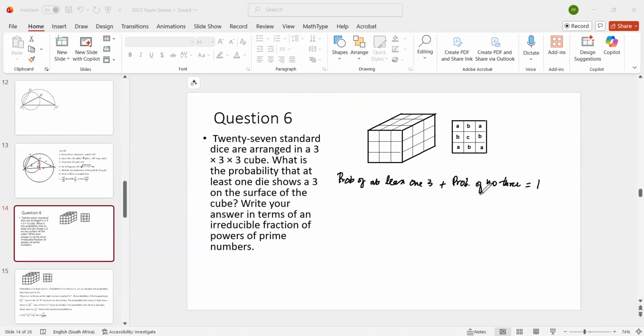Either 3 does not appear at all, or 3 appears at least once. And these are the only 2 possibilities. So the sum of these 2 probabilities will be 1. Probability of 1 means it always occurs, 0 means it never occurs. So one of these definitely always occurs. Okay, so let's work out the probability of no 3.